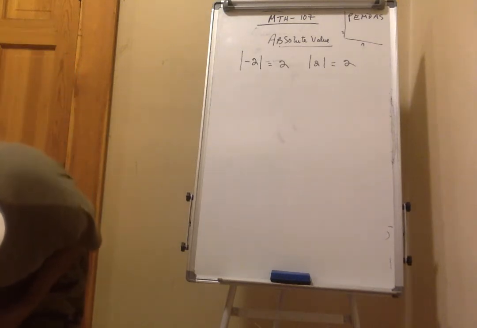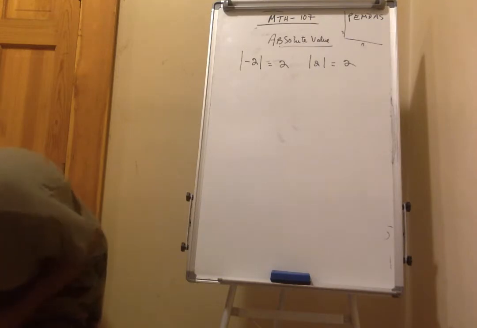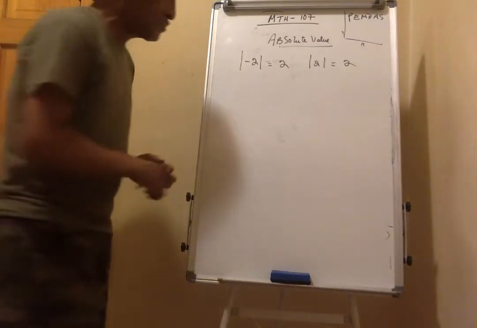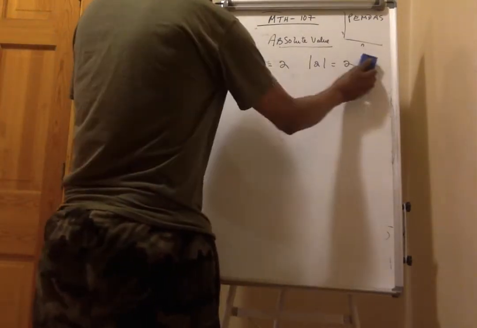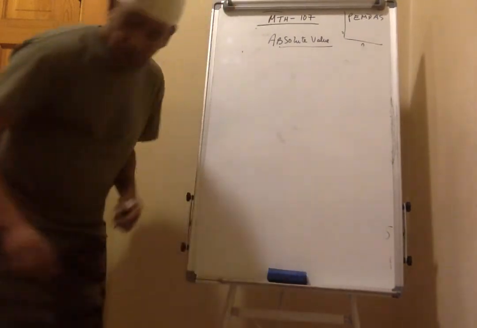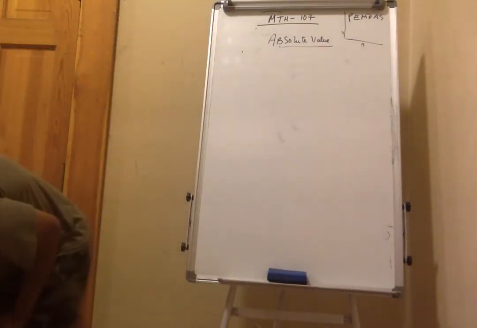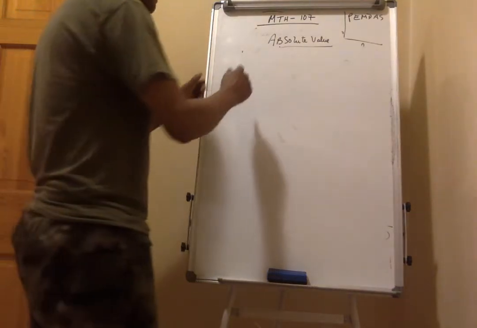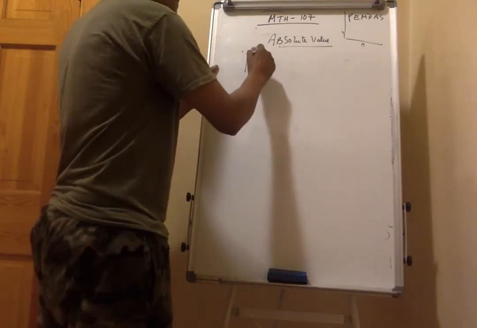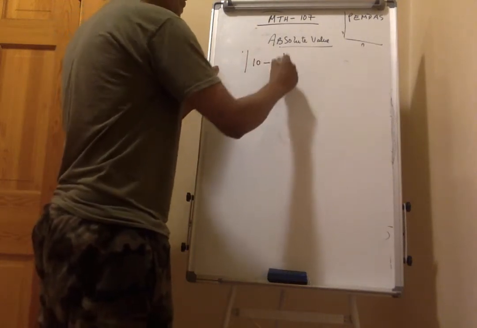So let's look at some exercises so that you can see. Suppose you have, let's say, the absolute value of 10 minus 4.